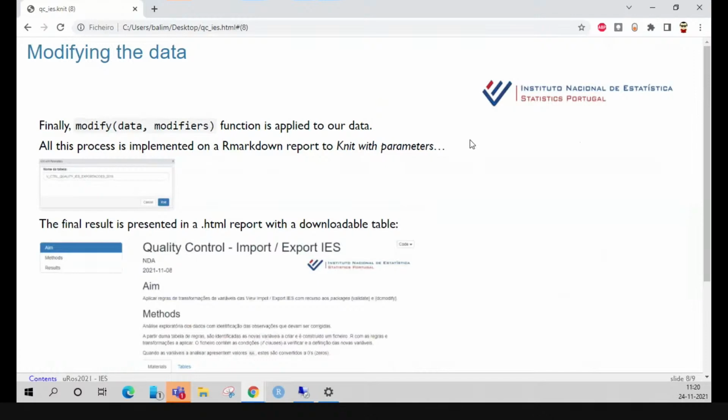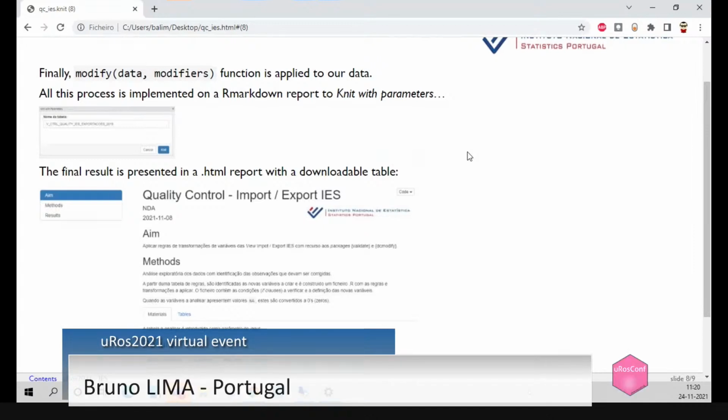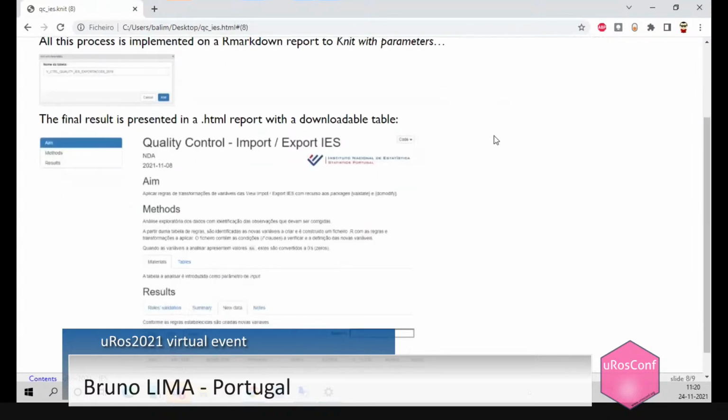Finally, the function modify is applied to our data, and all this process is implemented in our Markdown report with the option knit with parameters. When we run this option, we just have to give the dataset we want to clean, and the final result is presented in an HTML report with downloadable data.